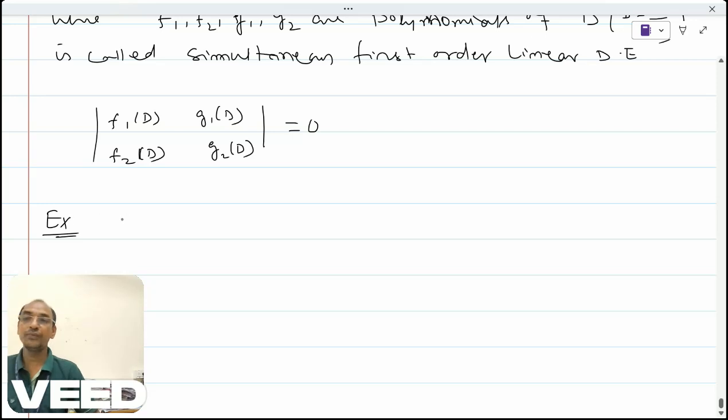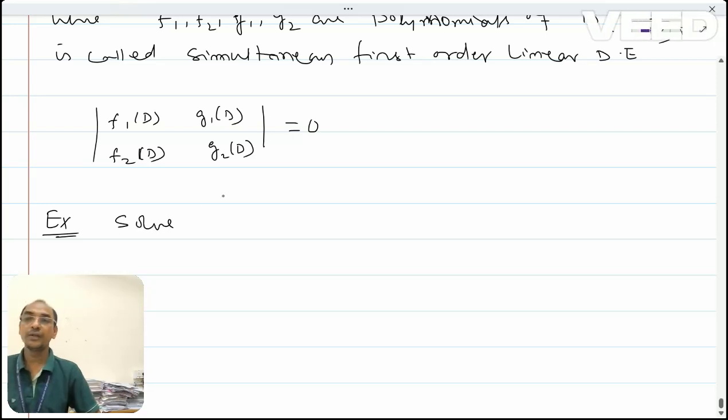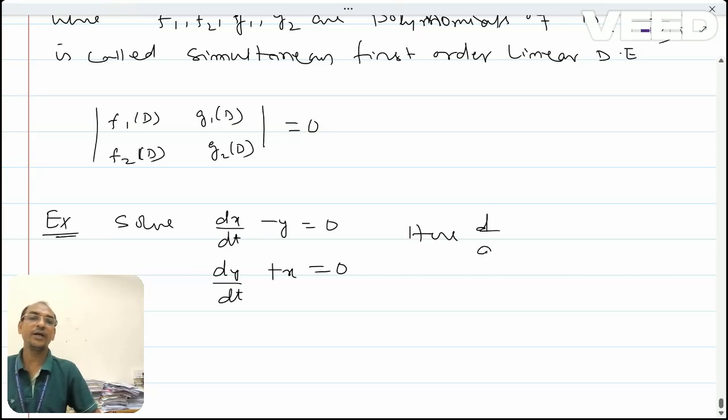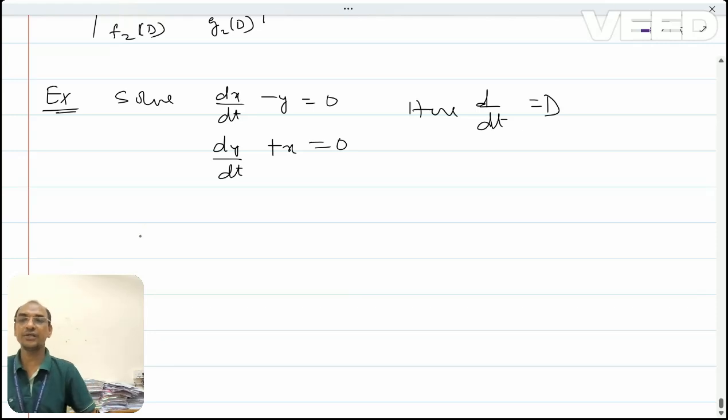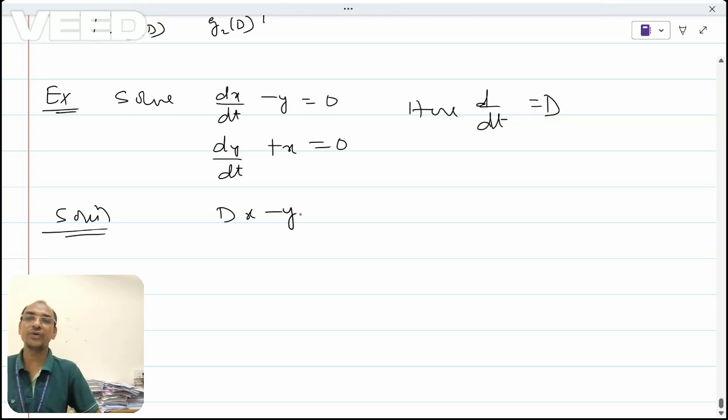Example, solve dx by dt minus y equal to 0 and dy by dt plus x equal to 0. Here we take d by dt as d, so we can write this as dx minus y equal to 0 and dy plus x equal to 0.